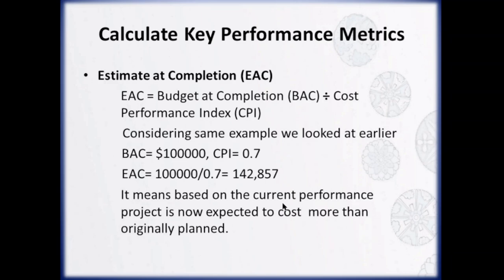So based on our current performance, we are now expecting the project to cost about $142,857 to complete instead of the original $100,000. That shows we are likely to go over budget unless performance improves.